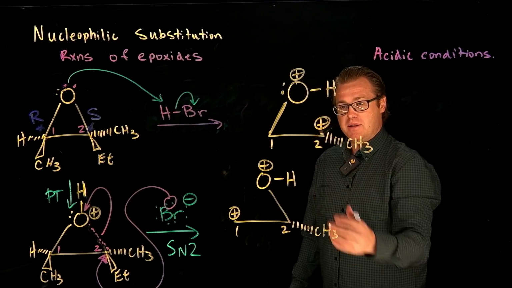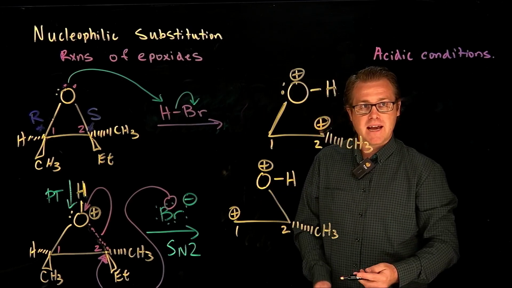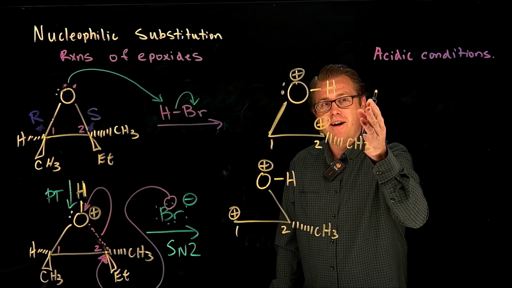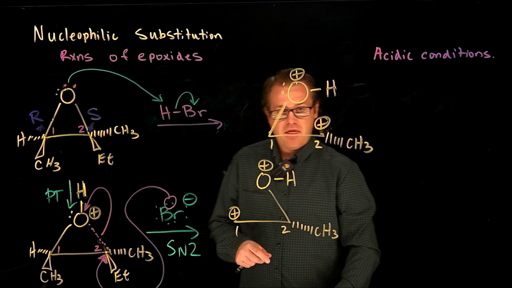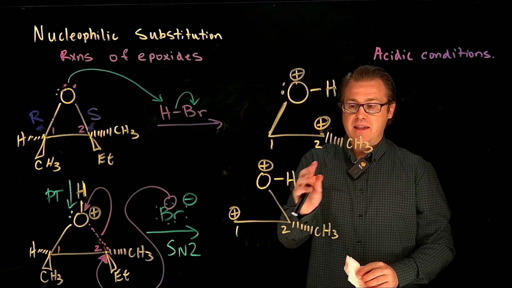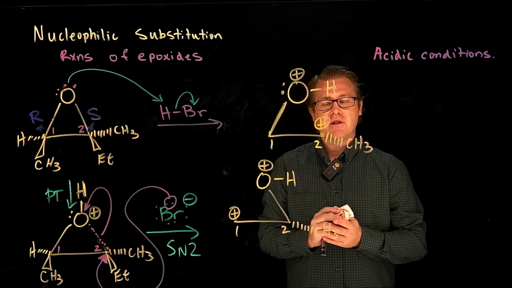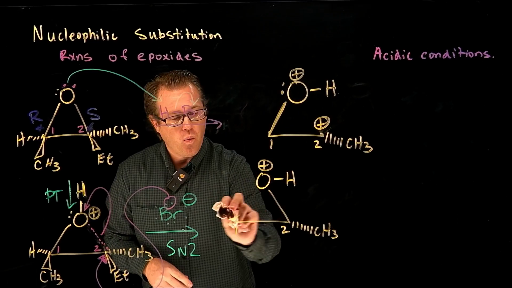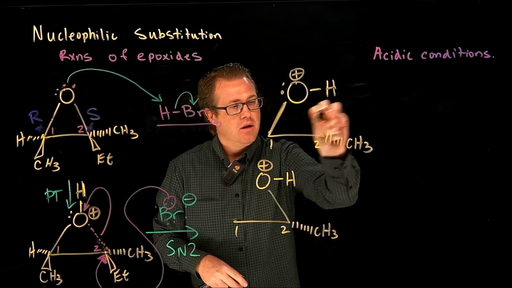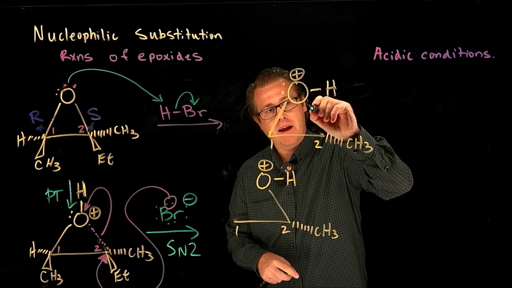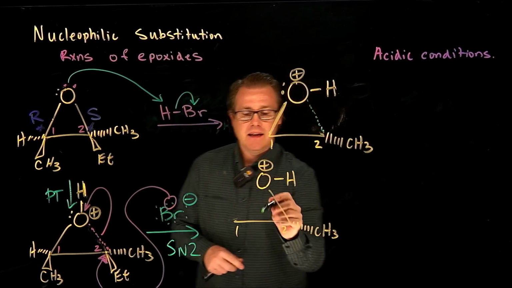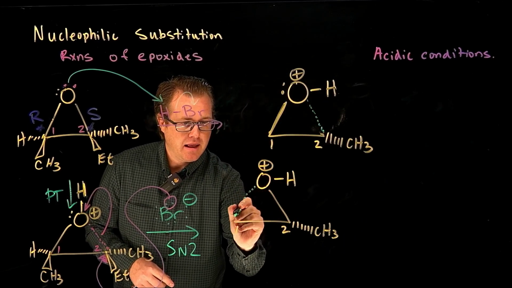Between these two options, which carbocation is the most stable? Clearly the one on top, right? So this does not happen, but this explanation helps us to understand why the epoxide is going to choose to partially break this bond instead of partially breaking that bond.